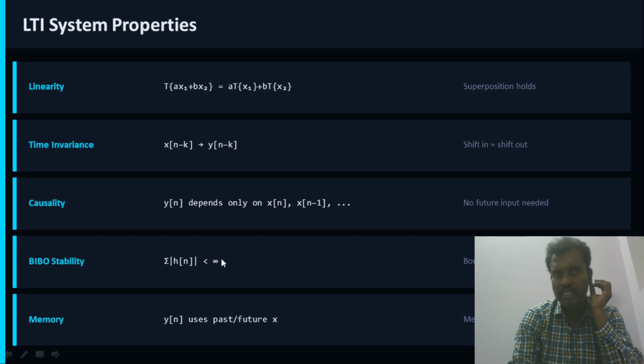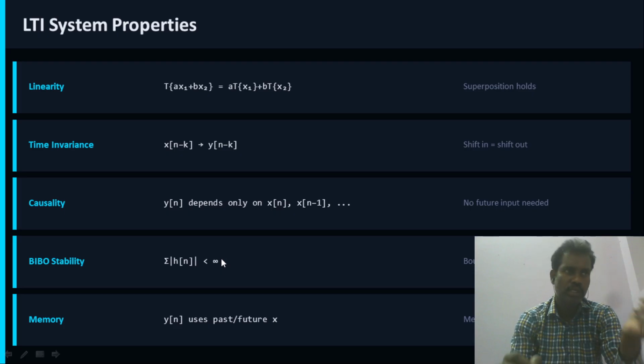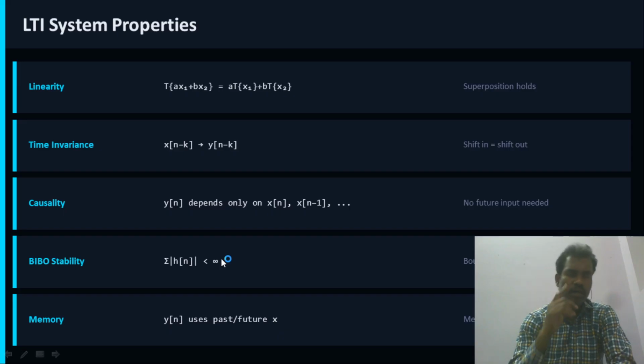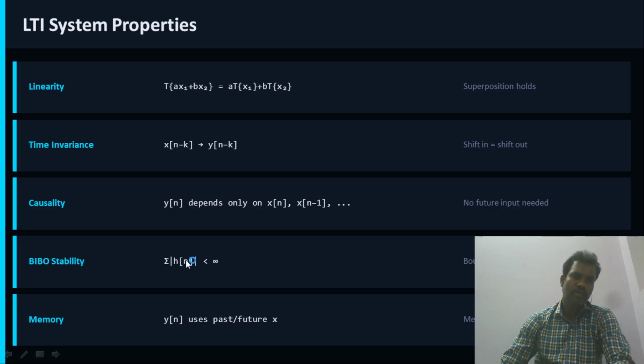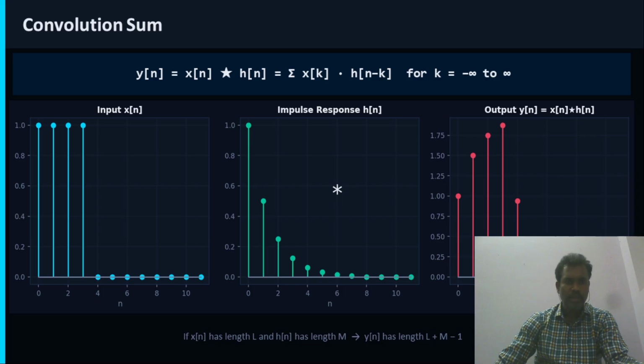Y of n means just the response for any input, but h of n means the response of the system when we apply an impulse as input. That is called impulse response. It is also an output, but for an impulse input. That is represented particularly as h of n, because the impulse is a basic signal used to measure the base response of the system.